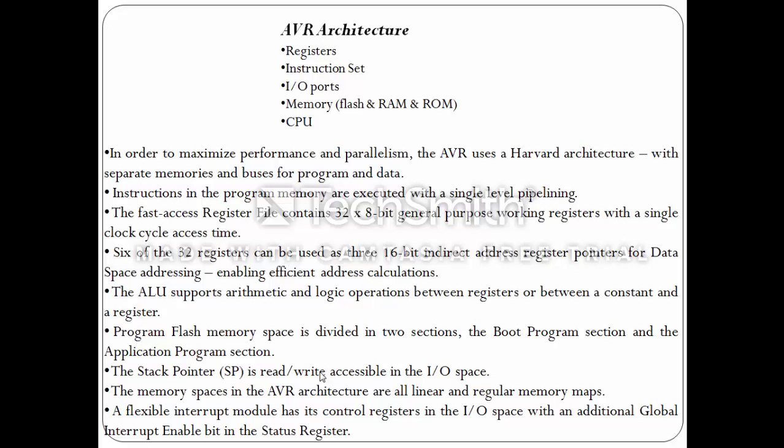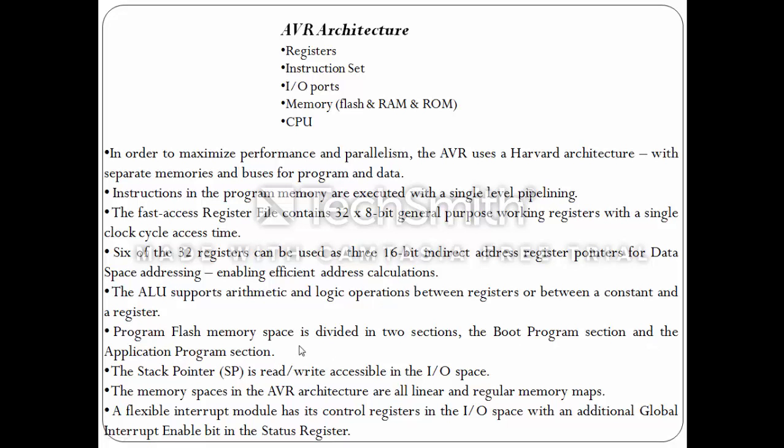The program memory is an in-system reprogrammable flash memory. The program flash memory space of 32K is divided into two sections: the boot program section and the application program section. Both sections have dedicated lock bits for write and read/write protection.